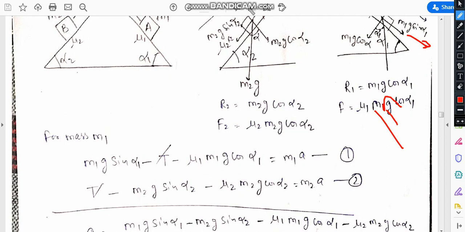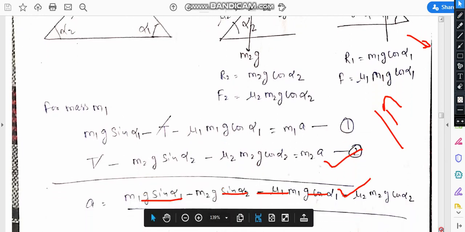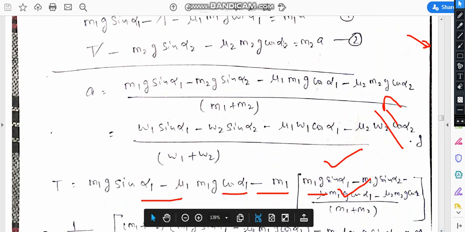Similarly for m2, T is larger, so T minus m2g sin alpha 2 minus mu2 m2g cos alpha 2 equals m2a. By solving these two equations, 1 and 2, we can obtain the final expression. Simply, you can add them.